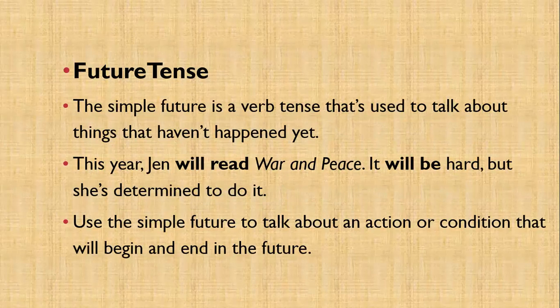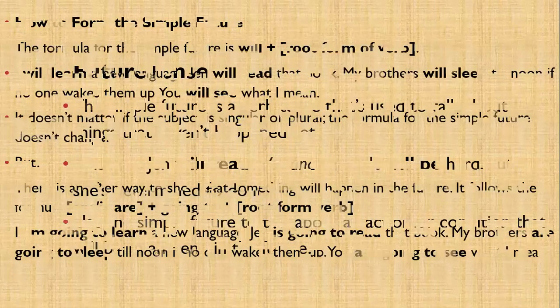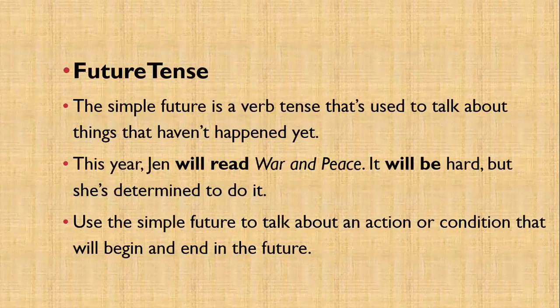But today we're going to talk about the future tense. The simple future is a verb tense that's used to talk about things that haven't happened yet. For example, this year, Jen will read War and Peace. It will be hard, but she's determined to do it.